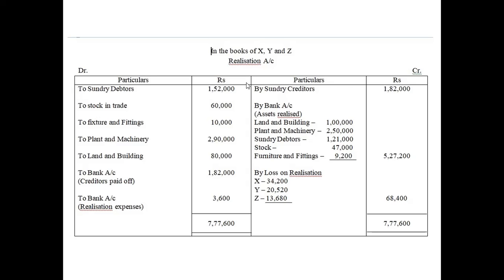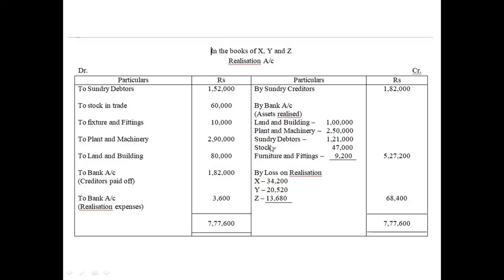What is written here? Assets realized. First it is land and building. Land and building is realized for rupees 1 lakh. Write the amount here, 1 lakh. After that we have plant and machinery, 2,50,000. Sundry debtors, 1,21,000.